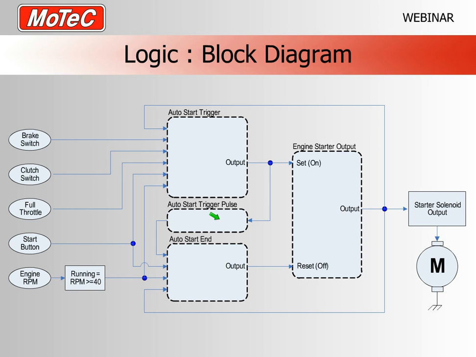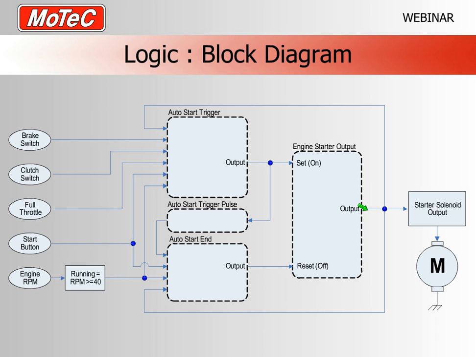And in addition, we have an Autostart Trigger pulse here. Now this is simply that 5-second timer that I mentioned, and what we want there is when we start our Autostart Trigger here, that will turn on a 5-second pulse from this logic block, and that goes into our Autostart End block, which is one of the options available to stop the engine cranking after 5 seconds.